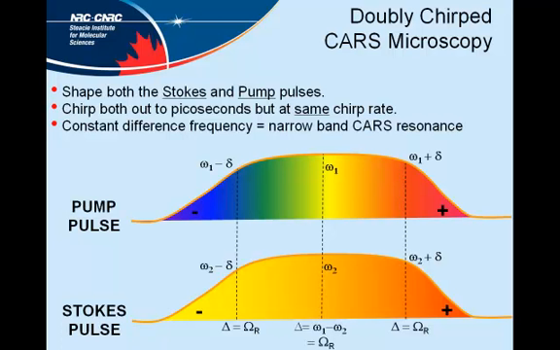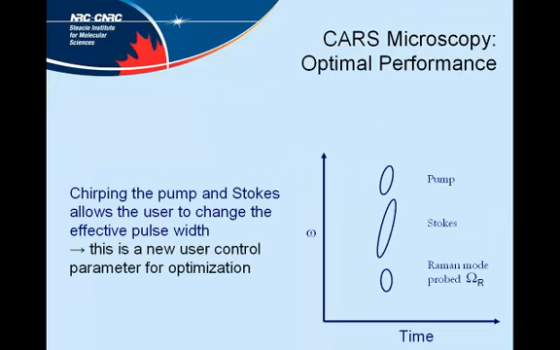So now all the colors in the pulse are there at the same time, but the difference frequency is constant. You can also think of it by making these frequency-time plots, or Wigner plots if you like. When I don't have chirped pulses, I have this broad bandwidth, and they're very short in time. This is the difference frequency, simply taking this and subtracting that, and the width here would be my spectral resolution.